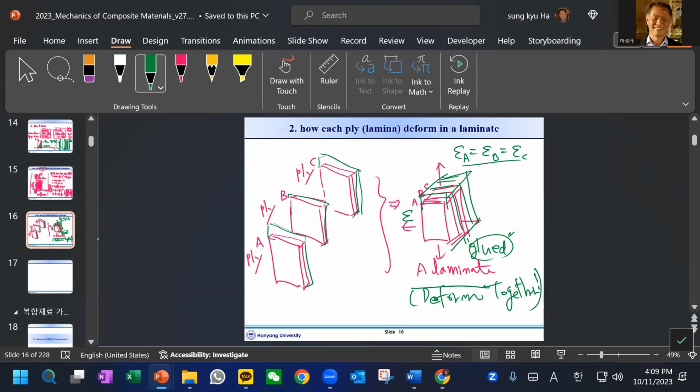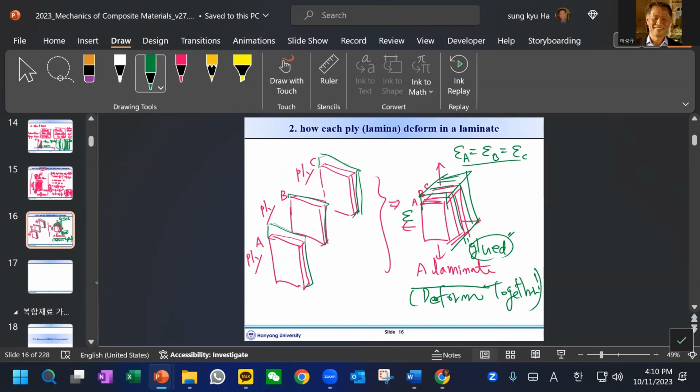And this laminate may deform together or bend together. Bending together means that it will have a certain curvature, and this is what we call deformation compatibility.